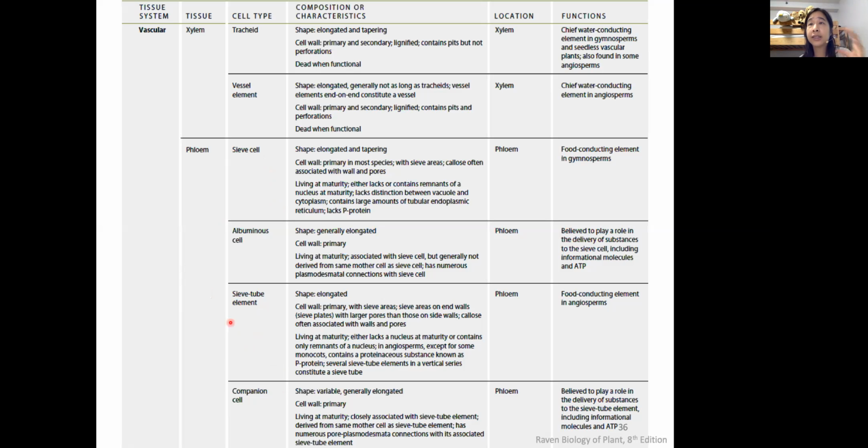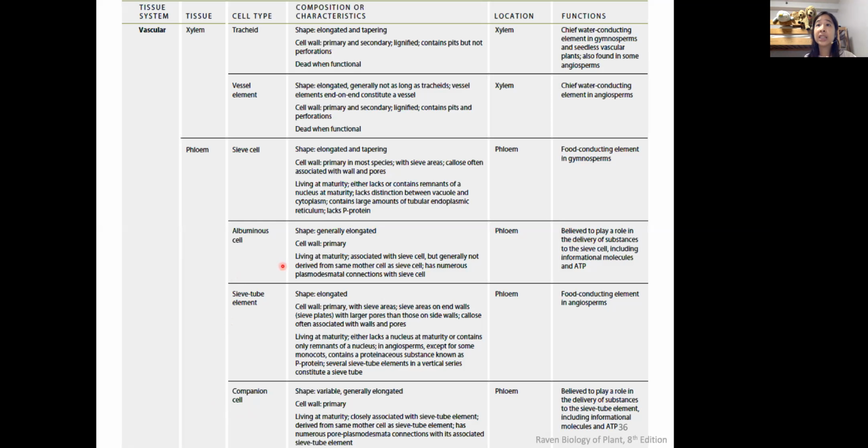They are very similar. They are elongated and they have only a primary cell wall. They are living at maturity, but do not have a nucleus. Their function is to act as a pipe, and that pipe can be controlled by companion cells or albuminous cells.